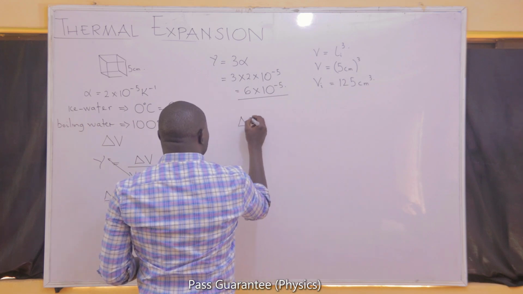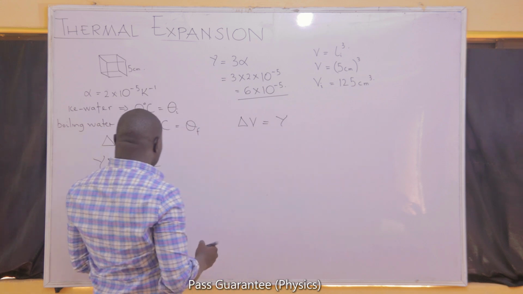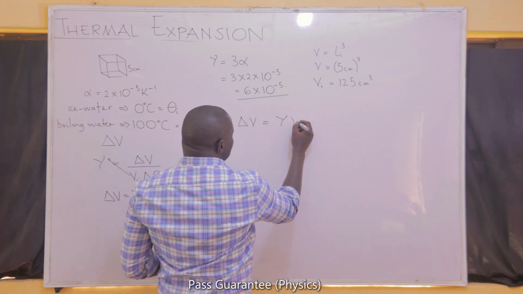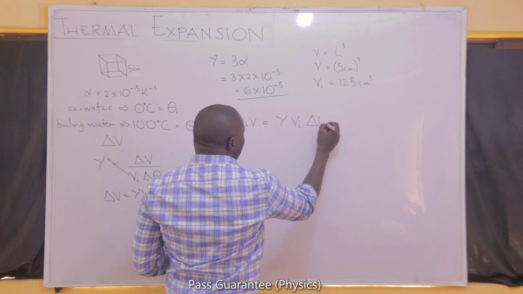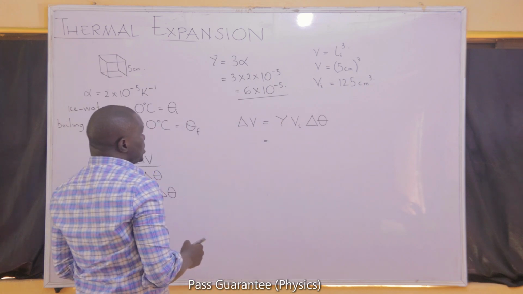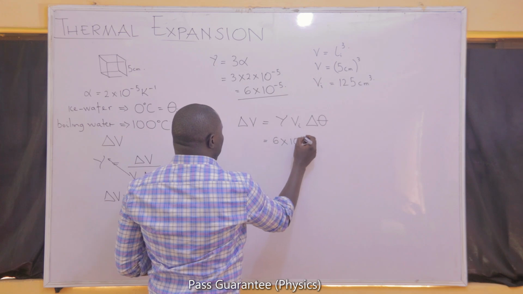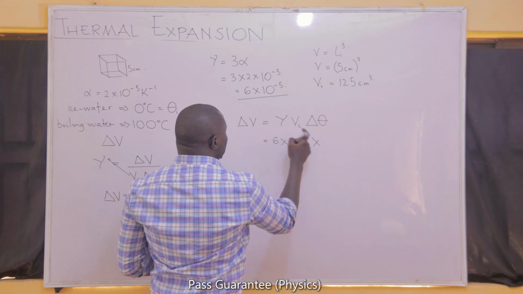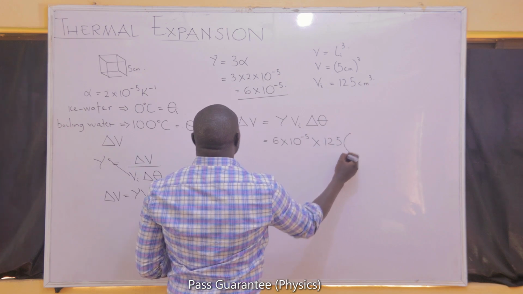The change in volume must be the coefficient of cubic expansion multiplied by the initial volume multiplied by the change in temperature. If we do that, we'll have the coefficient of cubic expansivity, that is 6 multiplied by 10 raised to the power minus 5, multiplied by the initial volume, 125, and multiplied by the change in temperature.